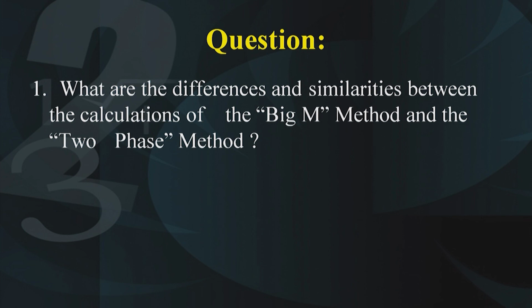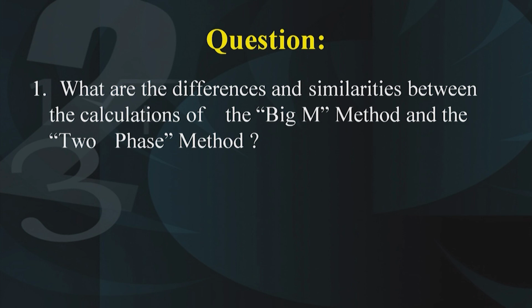I have a question for you: what are the differences and the similarities between the big M method and the two phase method? During the calculations of the big M method and the two phase method, do you observe any differences? Do you observe any similarities? We have to identify those differences and similarities.